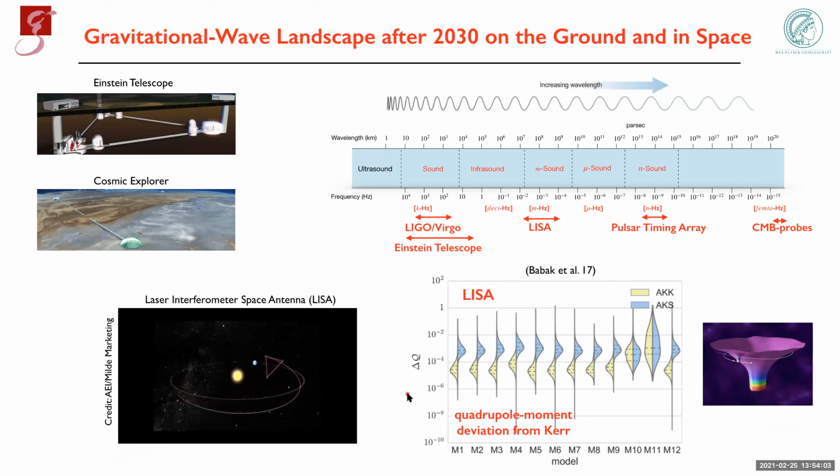And this is the quadrupole moment deviation that LISA could measure for extreme mass ratio binaries. So this is the same configuration as you are probing of Sagittarius A star or M87.